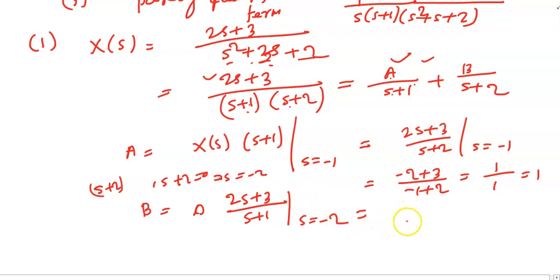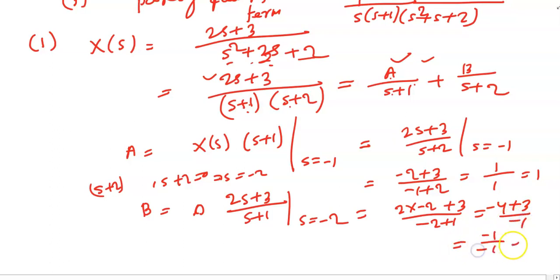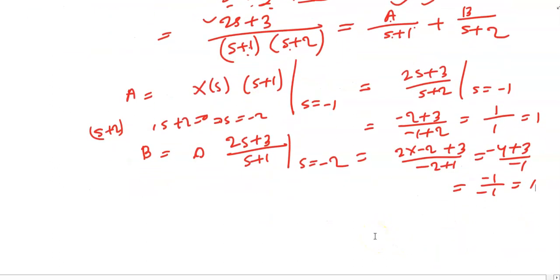So 2 into minus 2 plus 3 upon minus 2 plus 1, that is minus 4 plus 3 upon minus 1, that is minus 1 upon minus 1, 1. So finally your X of s becomes 1 upon (s plus 1) plus 1 upon (s plus 2), right?